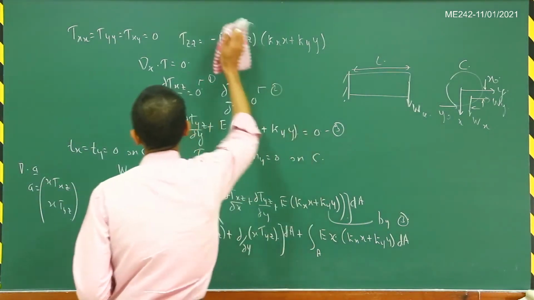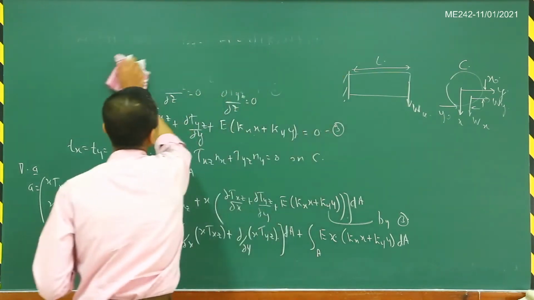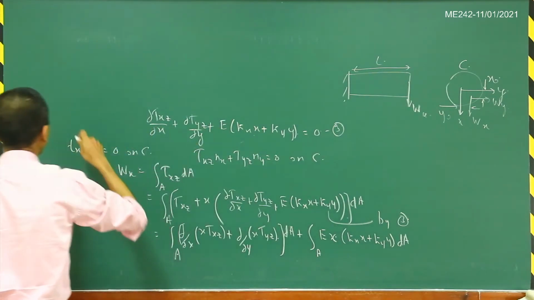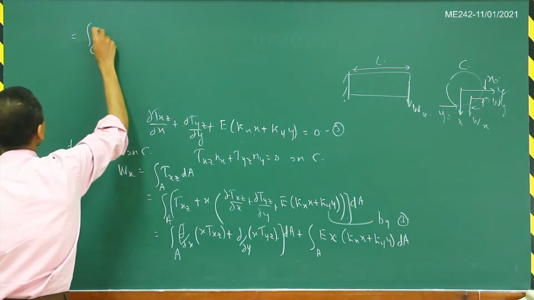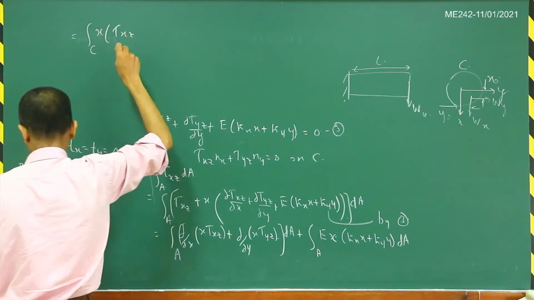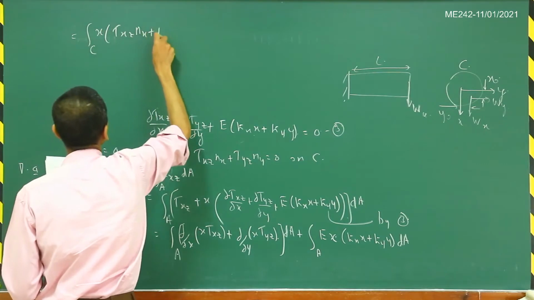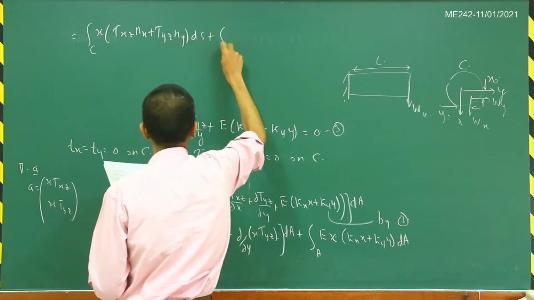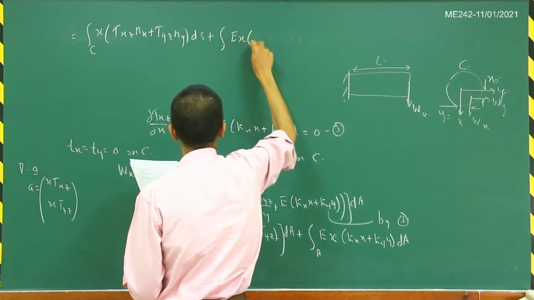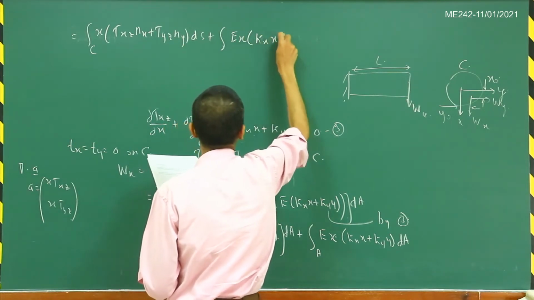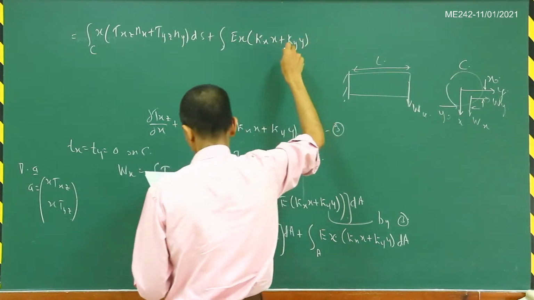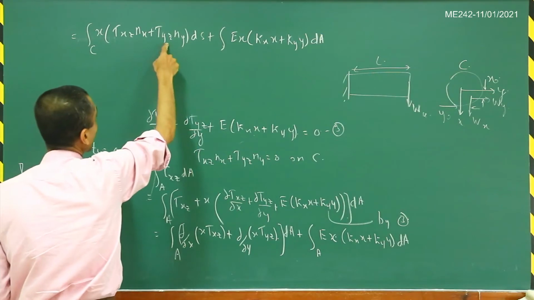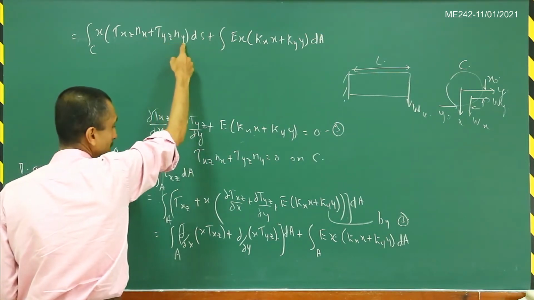So this term can now be written as follows. This is integral over C of x times (tau xz times nx plus tau yz times ny) ds plus integral of E times x times (kappa x times x plus kappa y times y) dA. And now by the traction free boundary condition, tau xz nx plus tau yz ny is equal to 0.